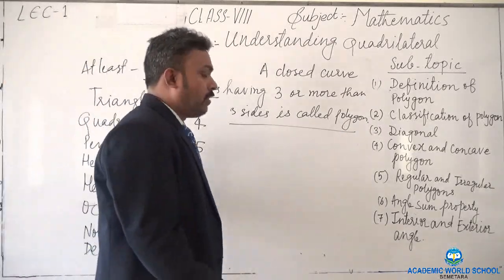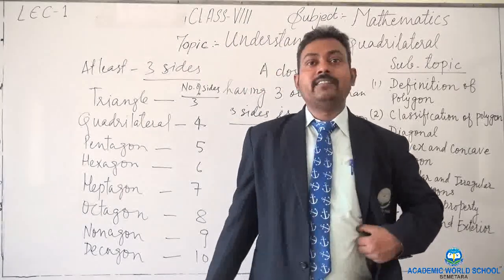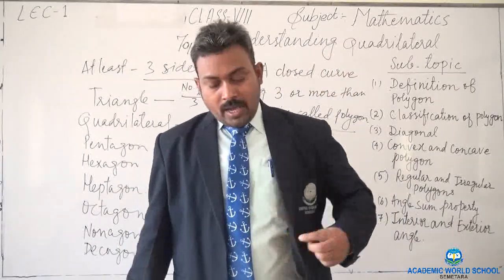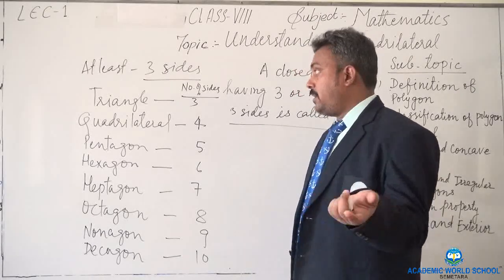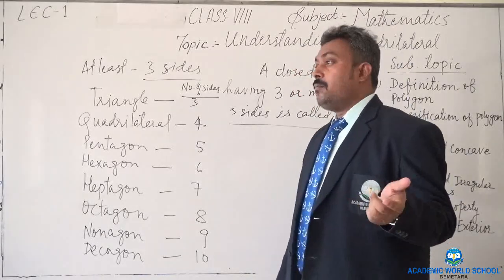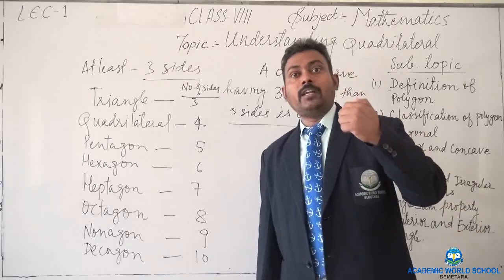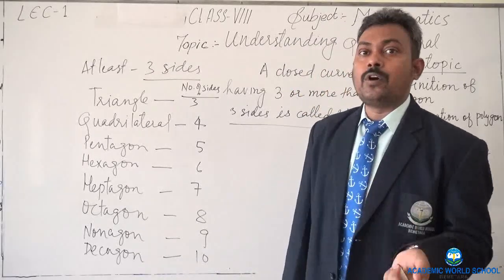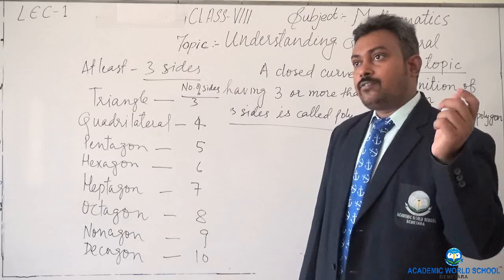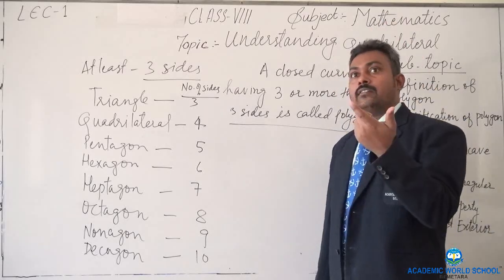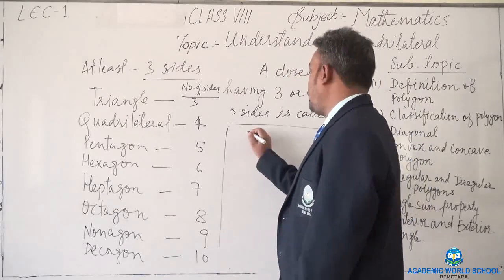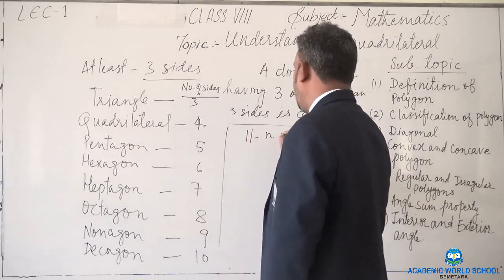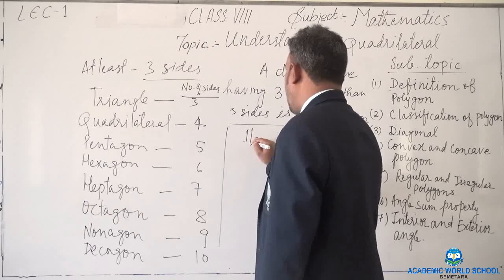Now you will be wondering, after 10 sides, what will we name it? If a polygon has more than 10 sides, say 11 sides, what are we going to call it? For after 10, we write 11 gon.